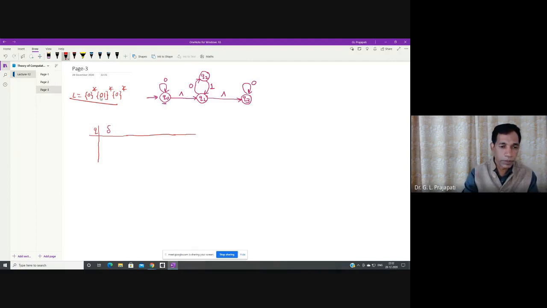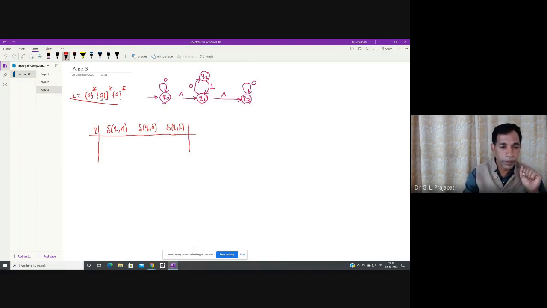So if you are at the state Q, you can have the null transition, and you need to determine where your machine can go. If you are at the state Q and you have the input 0, where can your machine go? If you are at the state Q and your input is 1, where can your machine go?